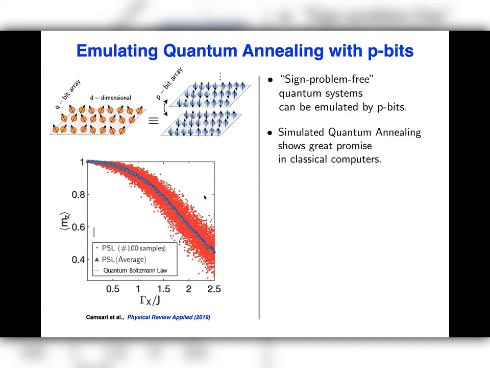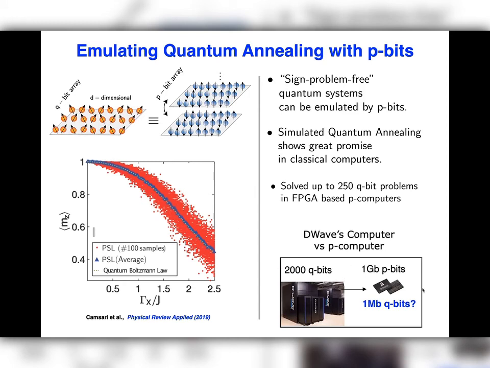An intriguing thing is that SQA shows great promise in classical computers. If you accelerate it greatly with p-bits, that really can become a competitive optimization solver. That's very important. And SQA, just to repeat this important point, is different from quantum annealing. We've solved up to 250-qubit problems in FPGAs.